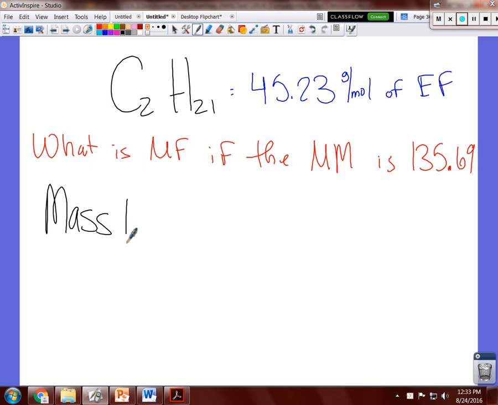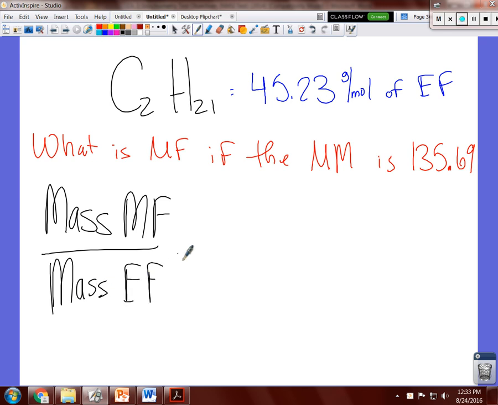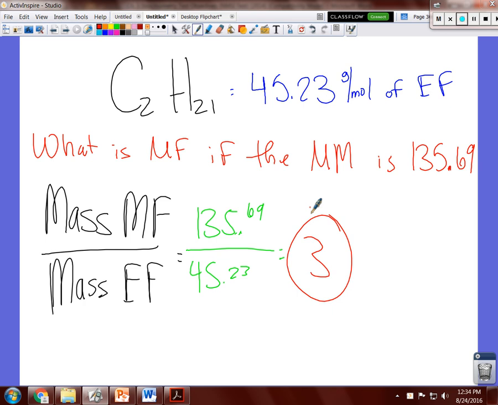It's the mass of the MF over the mass of the EF, which is what? 135.69 divided by 45.23, which is 3. So then what do you do? Okay? So it is C6H what?